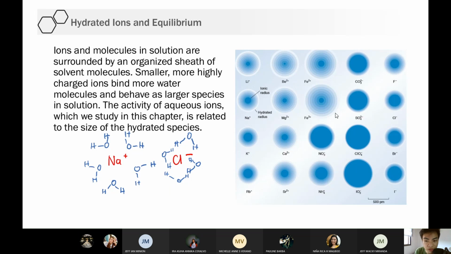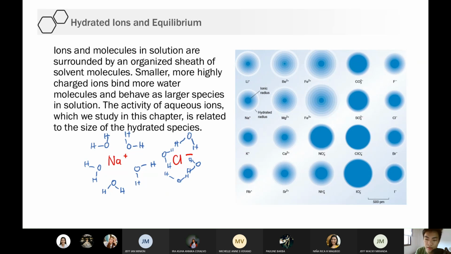Observe that if the charge is big enough, the hydration sphere gets bigger as well. And depending on the size of the hydration sphere, the activity of your aqueous solutions is related to that. The activity will tell us the behavior of our ions in our solution.